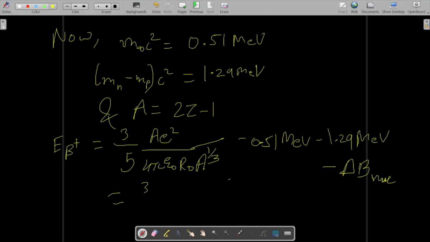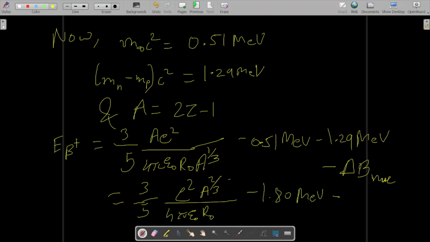So what will it be? 3 by 5 e² A to the power 2 by 3, simply, since A to the power 1 minus 1 by 3 gives A to the power 2 by 3, divided by 4 pi epsilon naught r naught, minus 1.80 mega electron volt, minus delta B nucleus. Okay, let this be equation number 3.